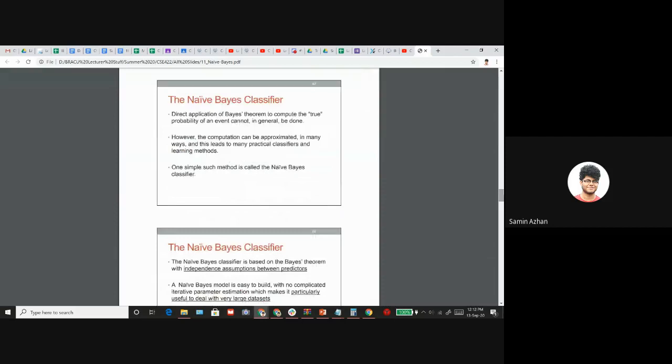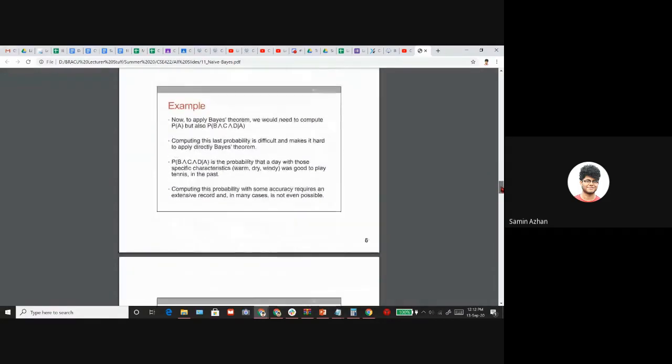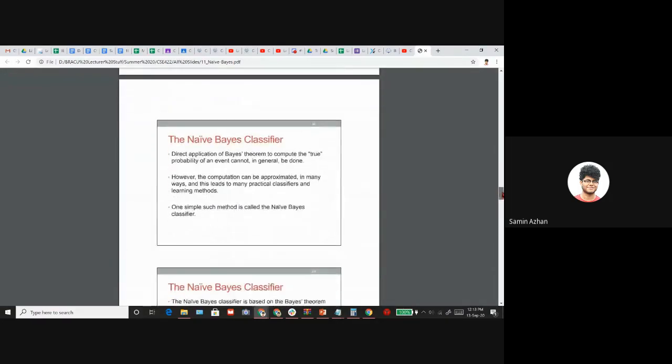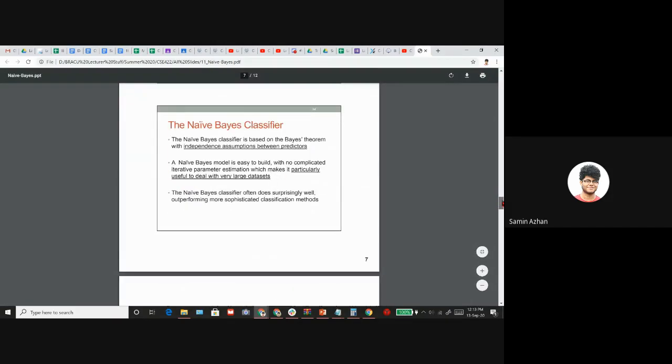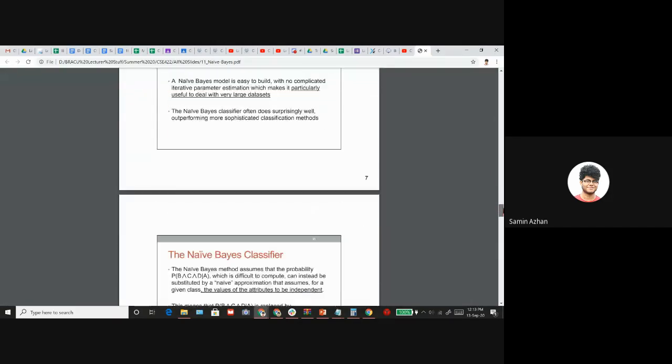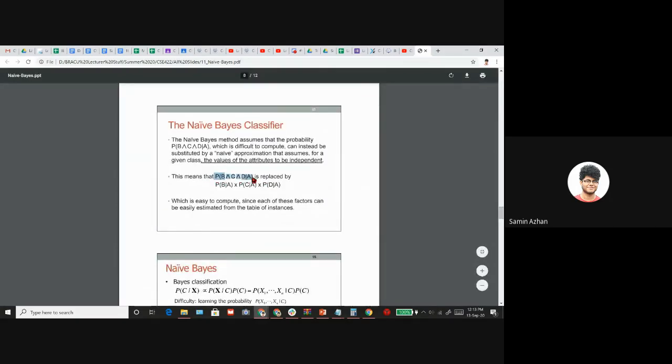What the naive Bayes classifier does is assume that all the events are conditionally independent. We read about that, conditionally independent. What that will do is, instead of calculating this entire thing, we can simply replace this with this value here.